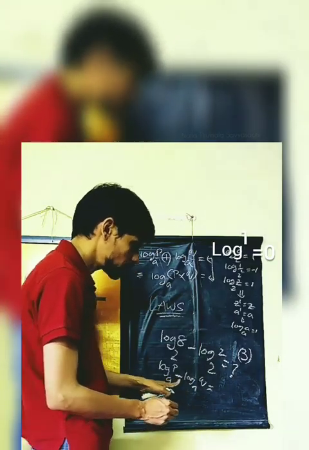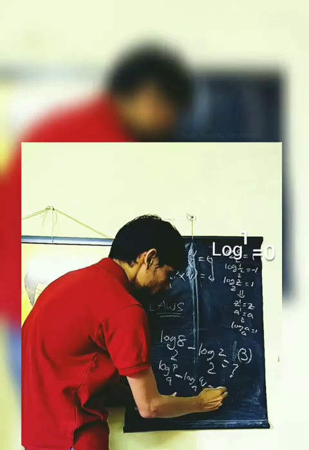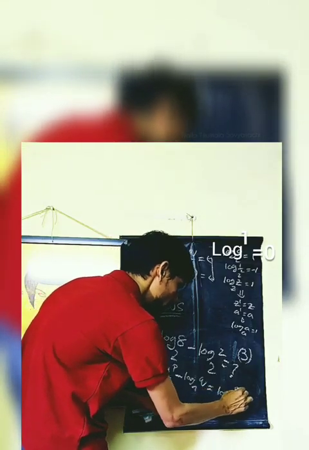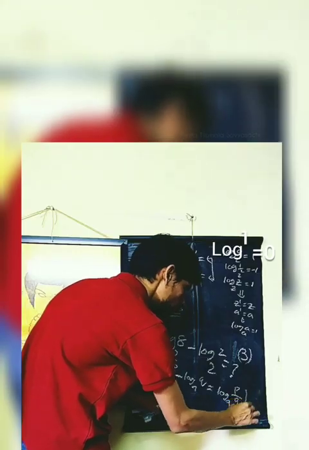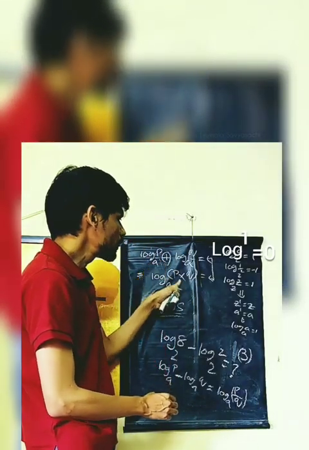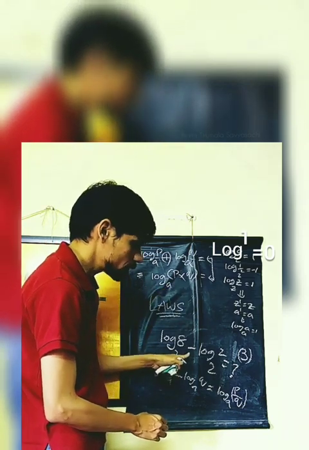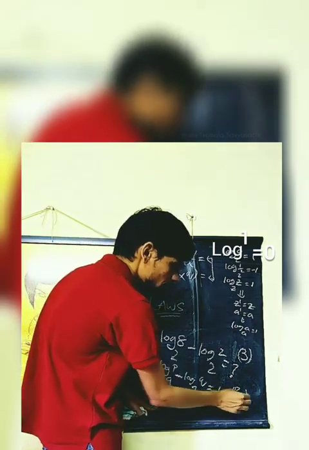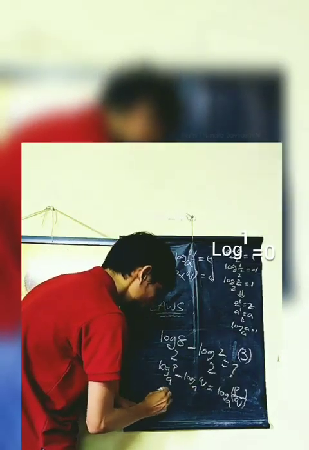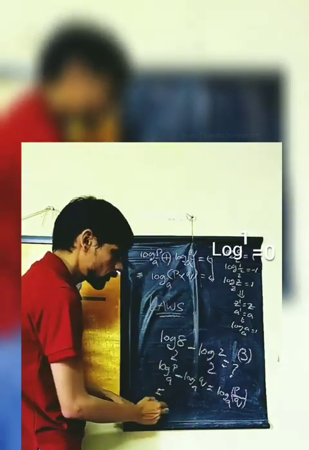When you are doing subtraction, it will become like this: log a, p divided by q. So when we are doing addition, we multiply. When we are doing subtraction, we do a division, p by q.